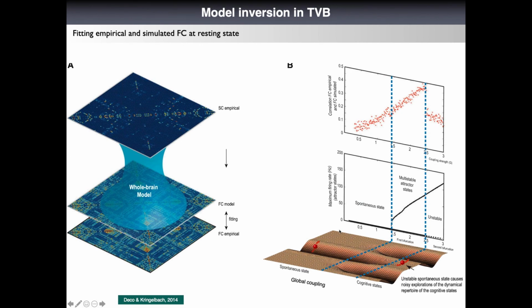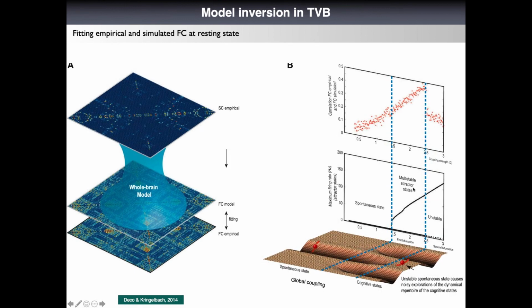What the authors showed was that when they tuned a parameter, the strength of the global coupling, in other words, they scaled up and down all connections of the structural connectivity, they could identify a region where the similarity between empirical and model functional connectivity was the best.